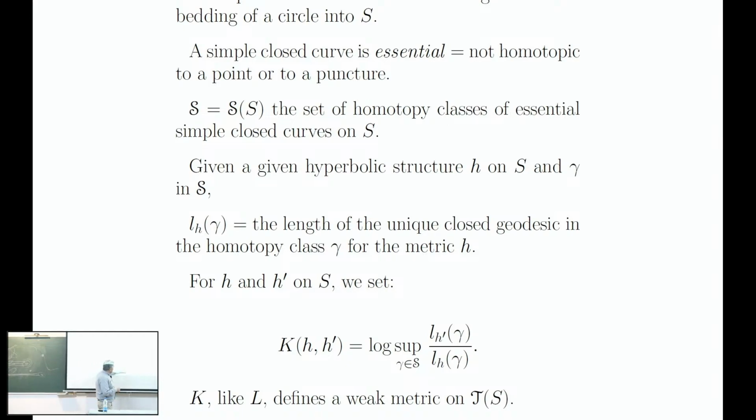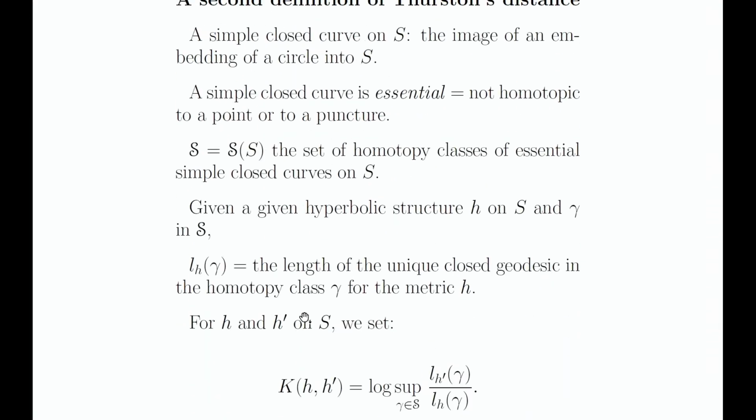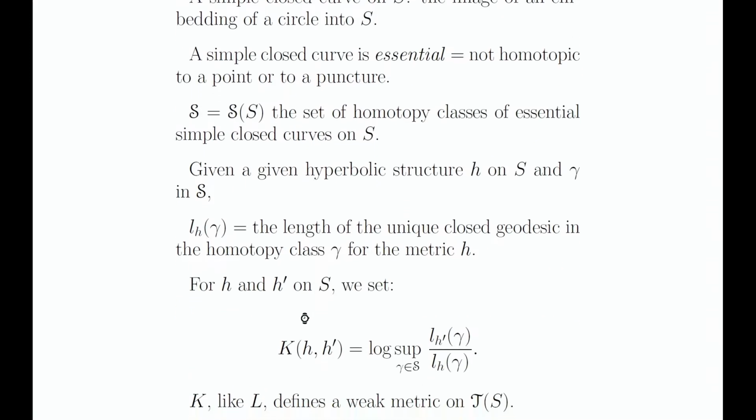So I take the supremum of this quotient here, the length for H prime divided by the length for H. If the supremum is equal to 1, it means that all of them are equal. And then I have to take the log, in fact. You need the log because I want to define a metric. The log is needed for the triangle inequality.